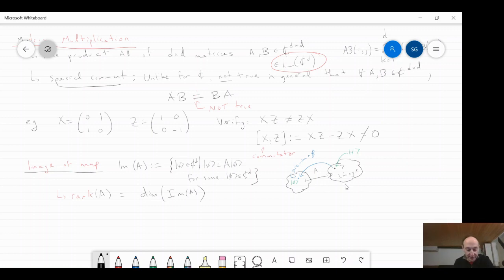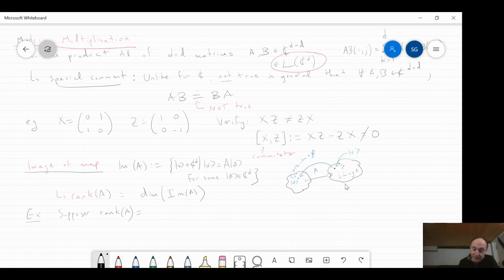Okay, so let's do a quick example. Whenever you have a new concept you're learning, always remember that you always want to check the boundary cases, to make sure you really understand this. So remember, A is a map that takes me from a d-dimensional space to a d-dimensional space.